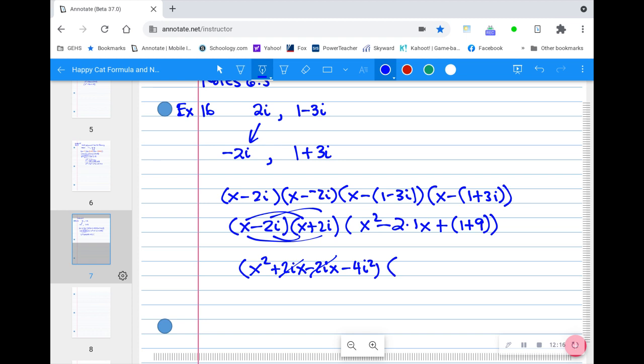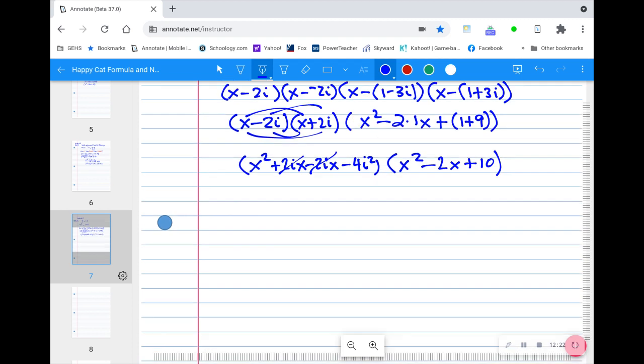And the back half, when you simplify it, is x squared minus 2x plus 10. Okay, so now we have x squared plus 4. You can see that this part here becomes plus 4 if you cancel the i squared and change the sign. And the back half, we already know it's x squared minus 2x plus 10.